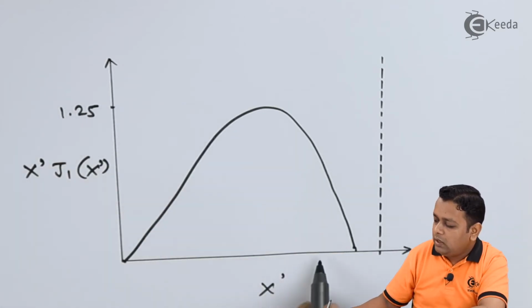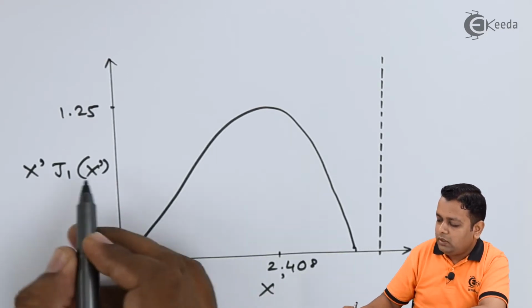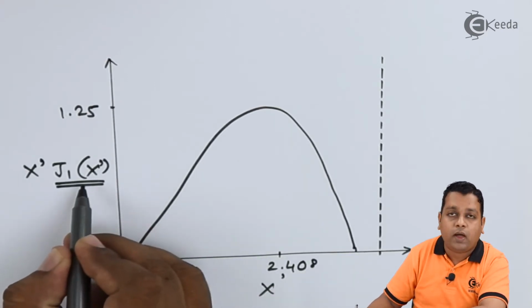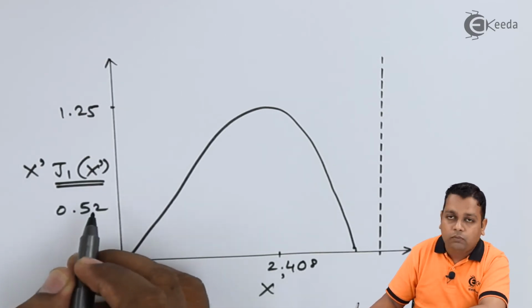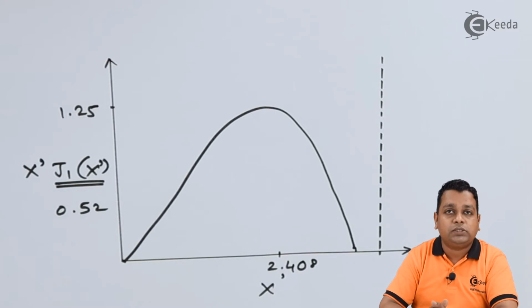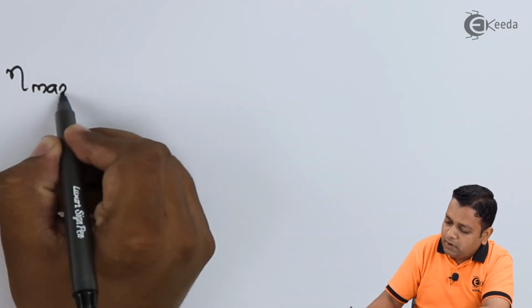So we obtain the maximum value of this product to be 1.25 when x dash is obtained at the value that is 2.408. So if you take only the value of J1 of x dash, it will be 0.52. So when we substitute these values to the previous equation, we can obtain the maximum efficiency of the reflex klystron. Therefore, the maximum efficiency of the reflex klystron can be given as eta suffix max.